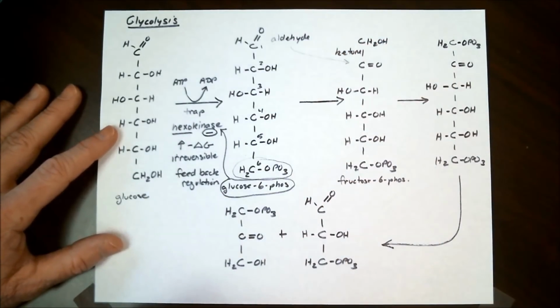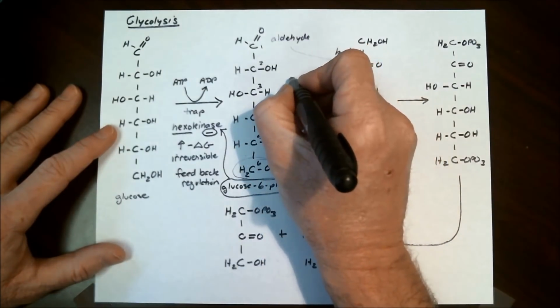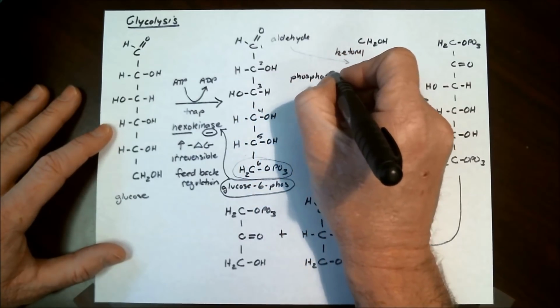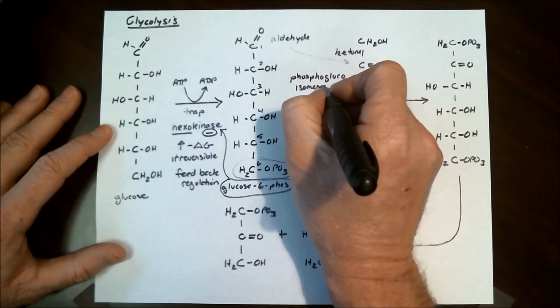Now these functional transformations are done by isomerases because it's an isomerization reaction, and so this is phosphoglucoisomerase.